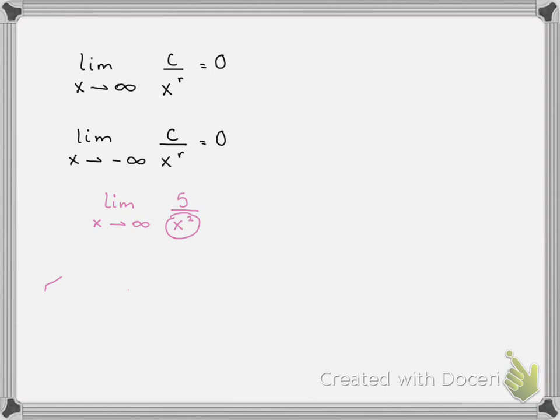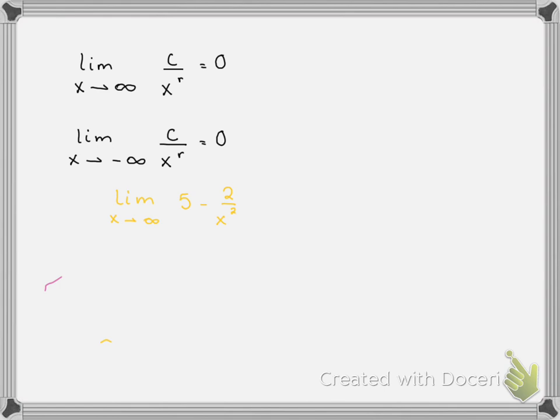So we can look at example 1 and apply that. Example 1 is find the limit as x approaches infinity of 5 minus 2 over x squared. Since this 5 does not have an x in it, we just leave it alone.